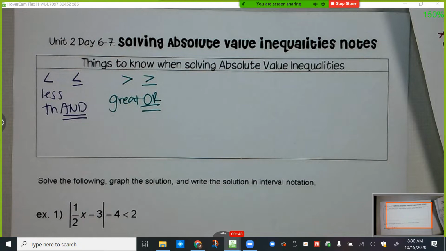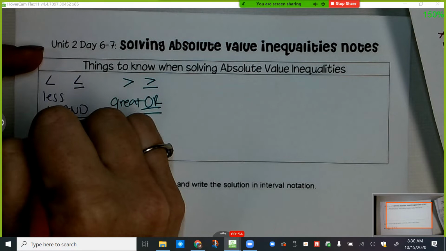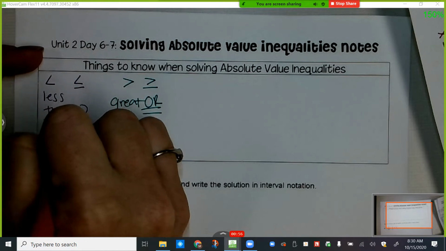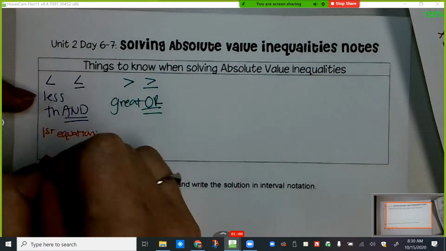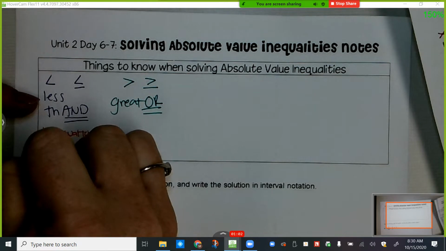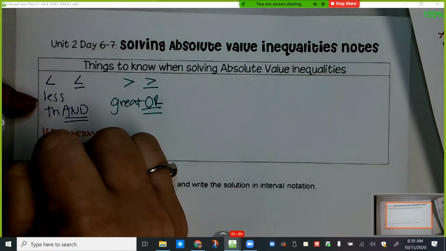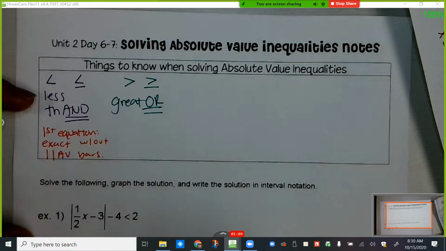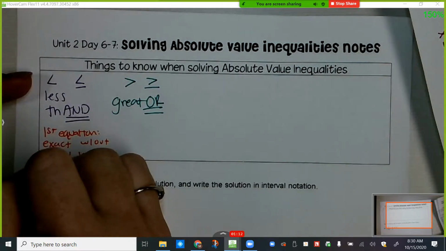So just a reminder, we're still doing all the same steps we did yesterday. Your first equation, you copy down exactly, without the absolute value bars. Those are the bars.